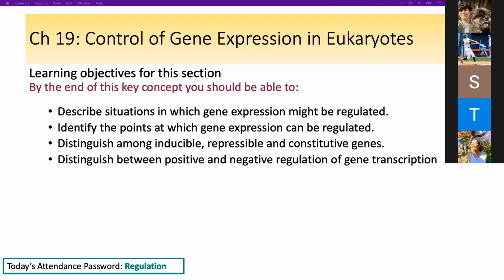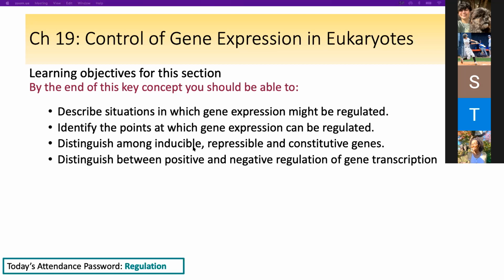So what we're going to look at is different situations where gene expression is or can be regulated in this whole process that we've been talking about. So we're going to start off with that. And then we're going to look at points where they're regulated.